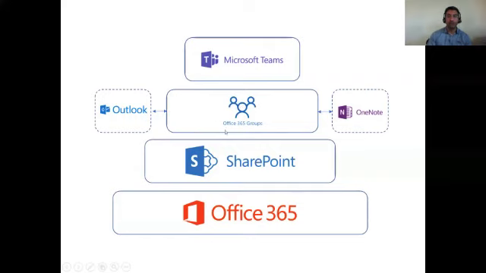So it has its own guest settings, and it also inherits some settings configured at the SharePoint level, because when it comes to document management, it's pretty much the same features available in SharePoint. And when it comes to Teams, it's based on the Office 365 Groups infrastructure, so it inherits the settings from Office 365 Groups.